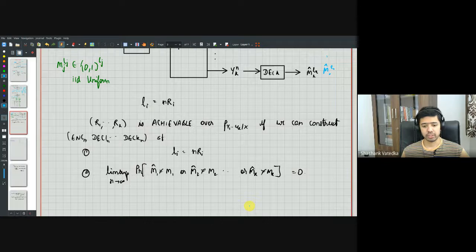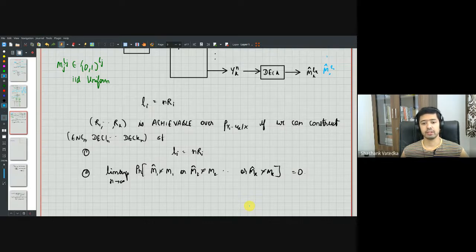But unfortunately, when it comes to the k-user broadcast channel, things become a lot more complicated. There are many classes of channels for which we know what the capacity region of the two-user broadcast channel is. But if you want to generalize it to more than two users, 4 or 5 or more, then it's a completely unsolved problem. Even for very simple k-user broadcast channels, we don't know what the capacity region is.